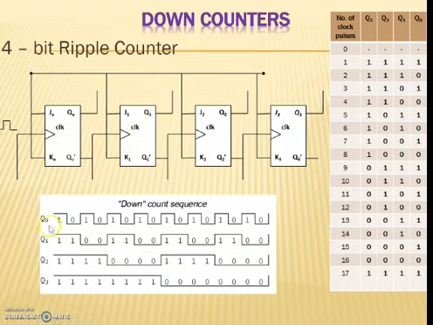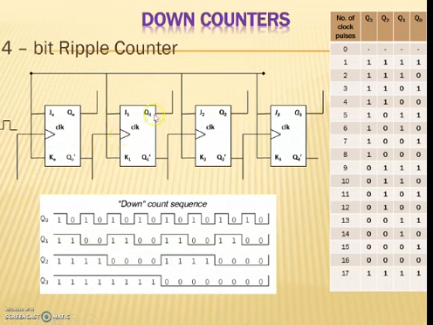So when Q0 toggles from 0 to 1, Q0 bar toggles from 1 to 0. This acts as the negative transition for the second flip-flop.